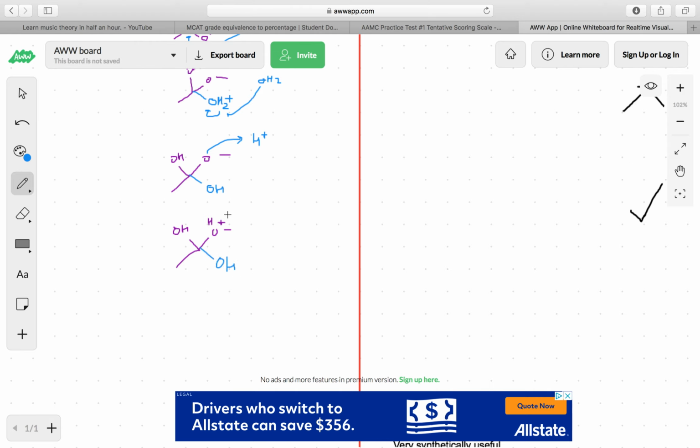Cool. So now we created a good leaving group. So now one of our OHs, it doesn't matter, they're both identical, is going to come with its electrons and kick off this good leaving group.